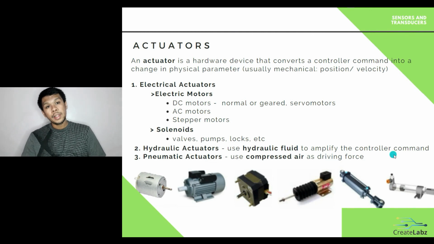This is more commonly used in industrial applications wherein you need to lift a very large amount of weight or force. For example, a hydraulic lift in car care centers wherein they can lift the car very easily. Pneumatic actuators, on the other hand, use compressed air as the driving force. So hydraulic, they use fluid. Pneumatic, they use air. This is also, again, more commonly used in industrial applications.